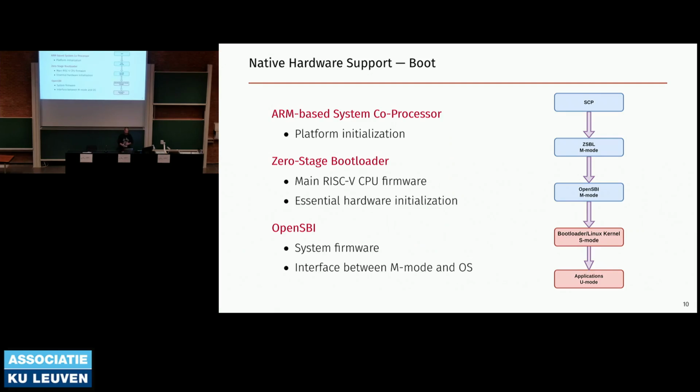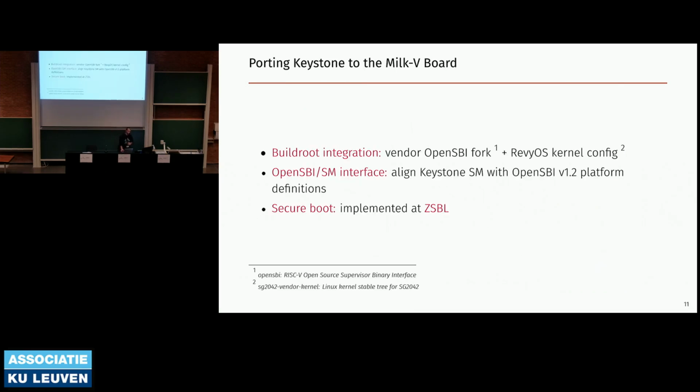Some more information about this board is that its boot process consists of an ARM system processor that then transfers the execution flow to a zero-stage bootloader that performs some initialization of the hardware, which then goes to the actual system firmware, which is OpenSBI in this case, and then your operating system and so on. Some engineering effort was done.